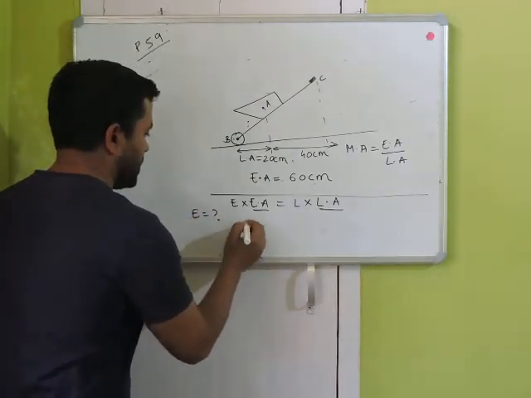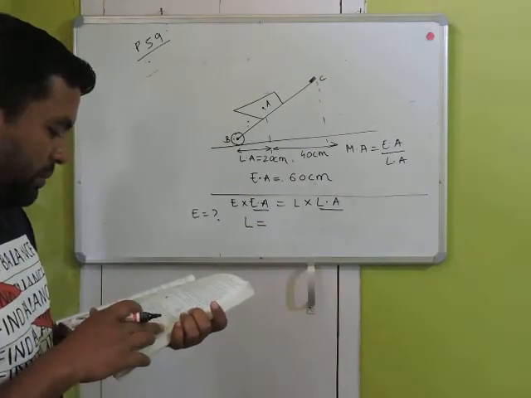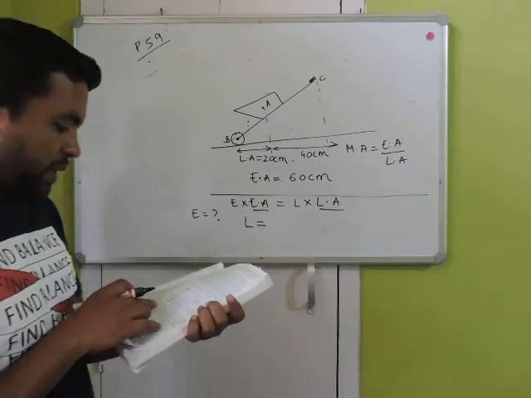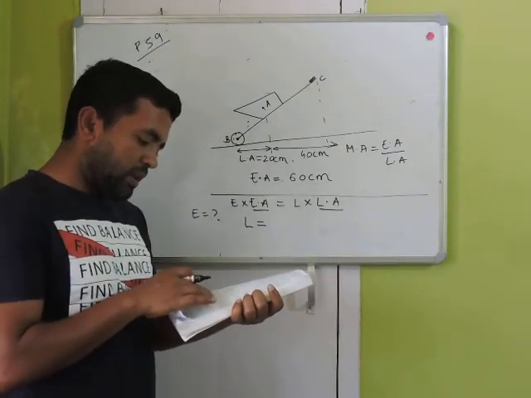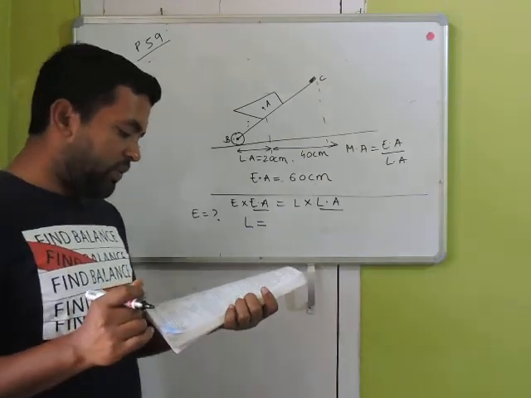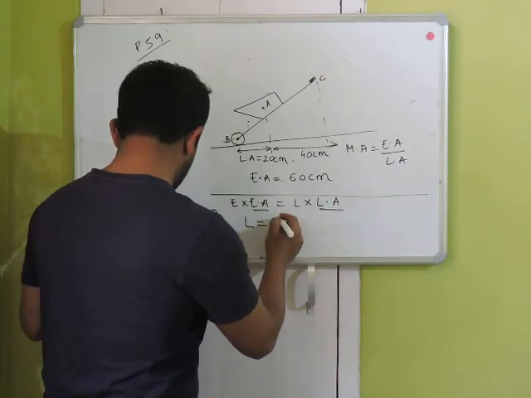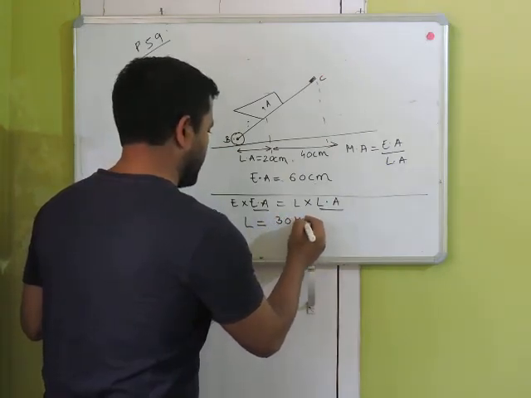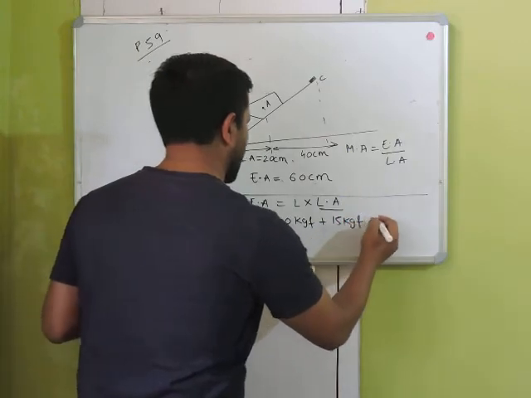Now what is load? You can see the mass of wheelbarrow is 15 and load is 30, so total weight will be 45 kgf. Load is 30 kgf plus 15 kgf, that is 45.